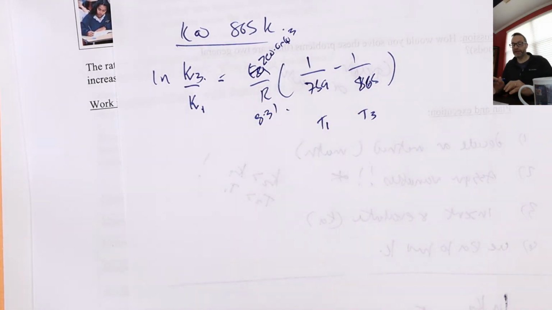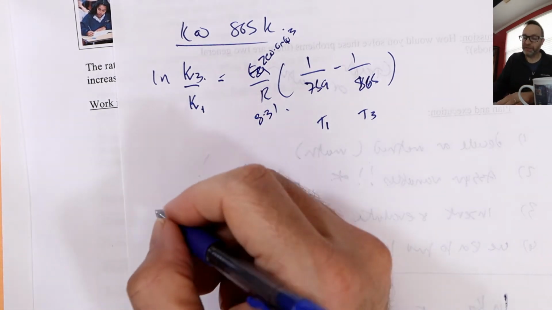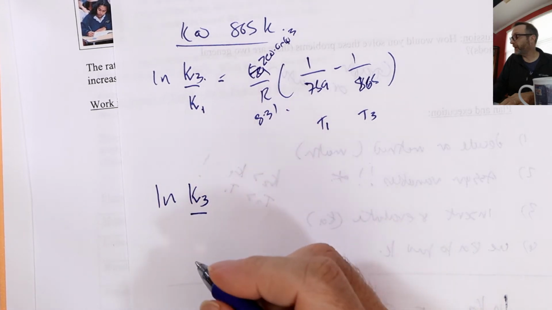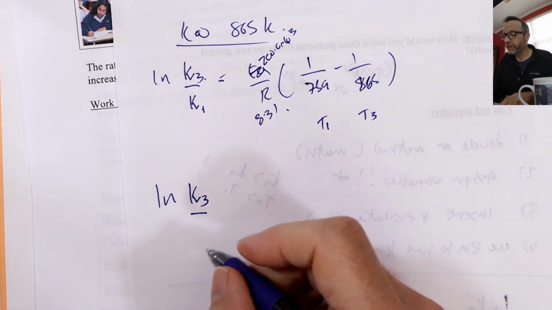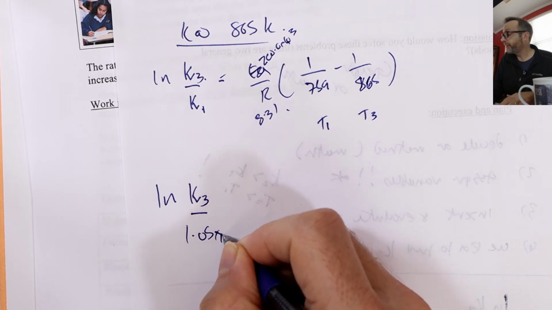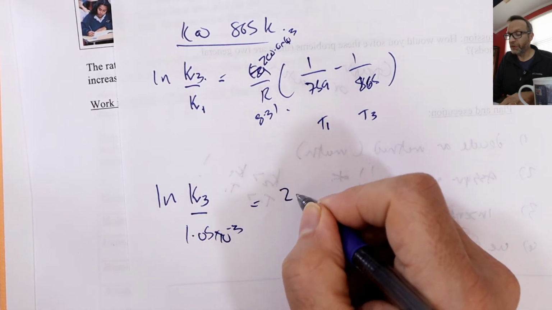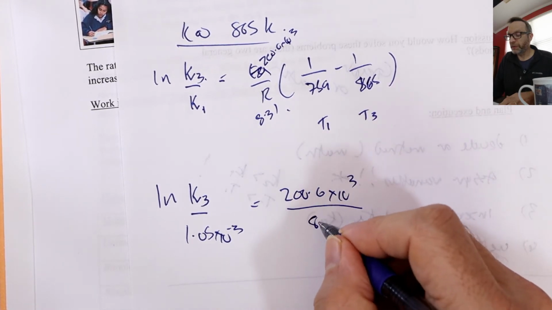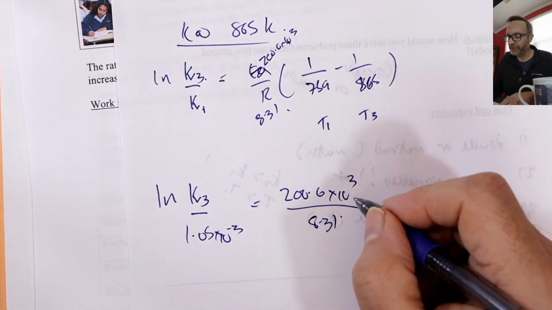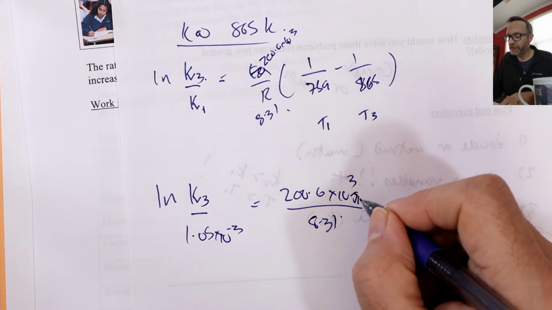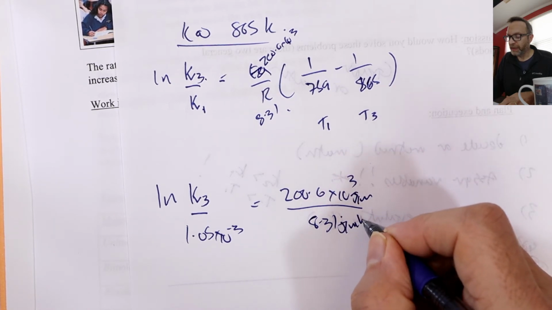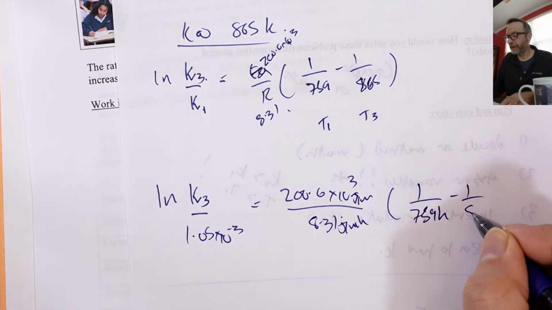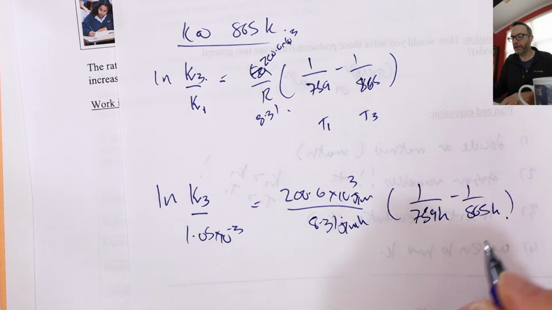What you're going to find, if you think about it, is a value for ln K3 over K1, which was given, right, which was 1.05, equals 200.6 times 10 to the 3 over 8.3, I'm a bit loose with the joules per mole per Kelvin, 1 over 759 Kelvin, 1 over 865 Kelvin, okay?